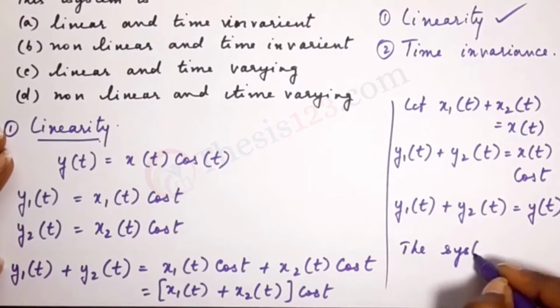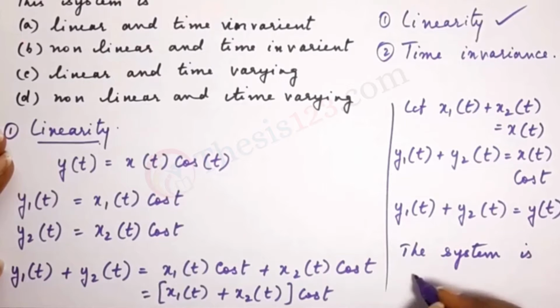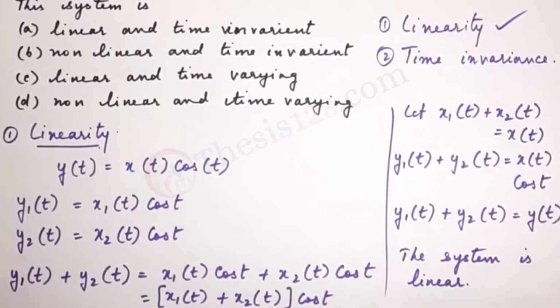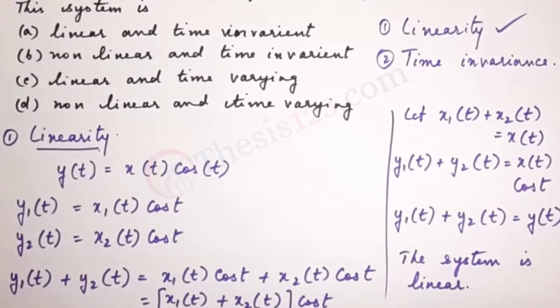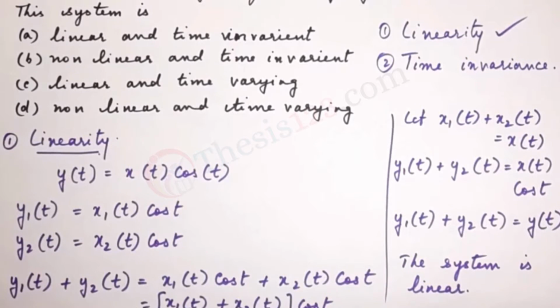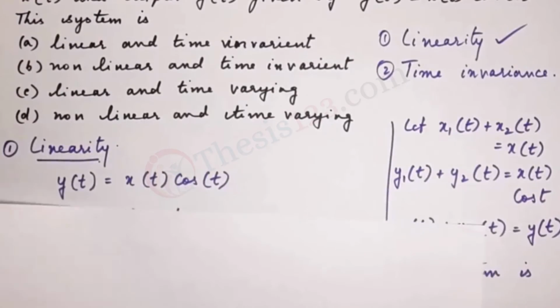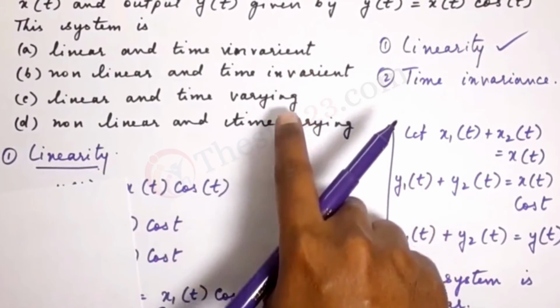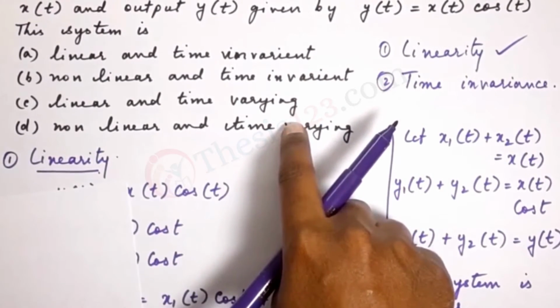The system is linear. Now let's check on time invariance. Let me just take another sheet of paper. Now because it is linear, that removes two of the options here.